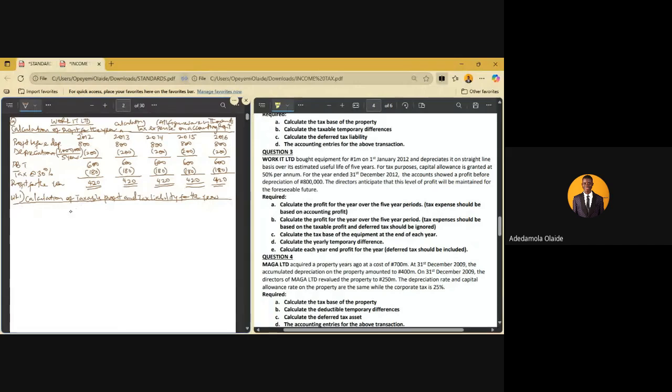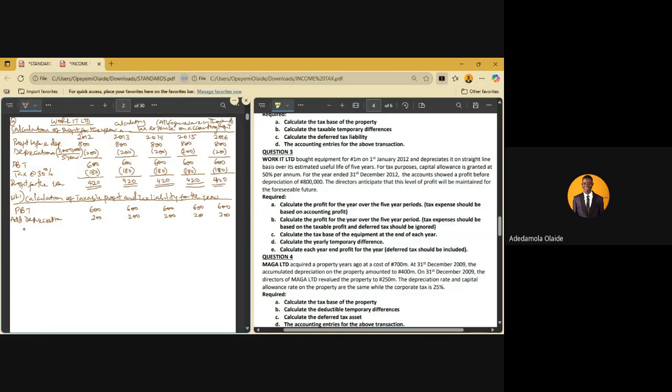So we'll have profit before tax, which is 600, 600, 600, 600, and 600. Then we add back depreciation because it's a disallowable expense. Depreciation, which is 200, 200, 200, 200, and 200.